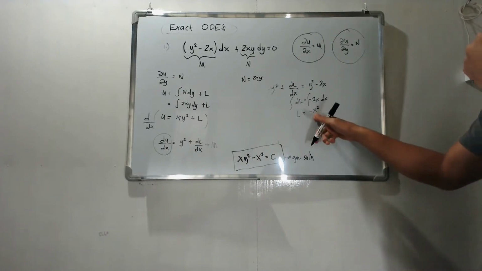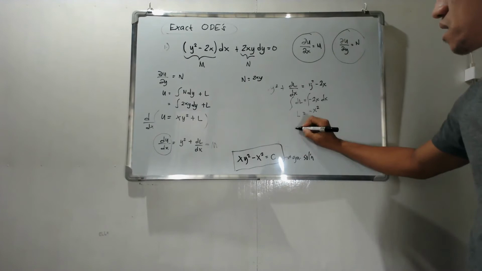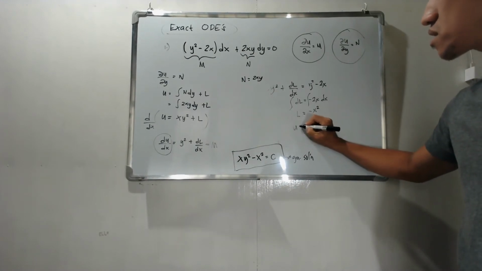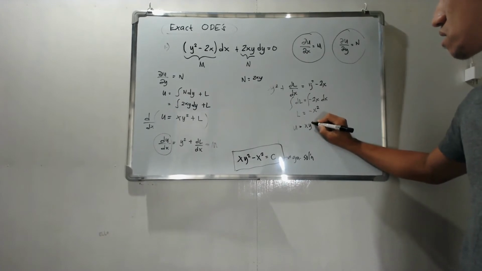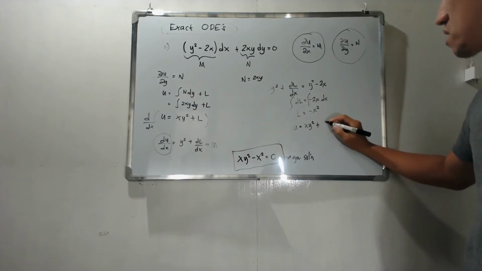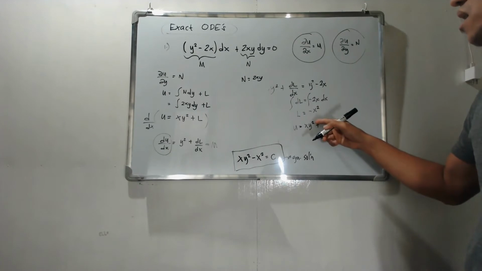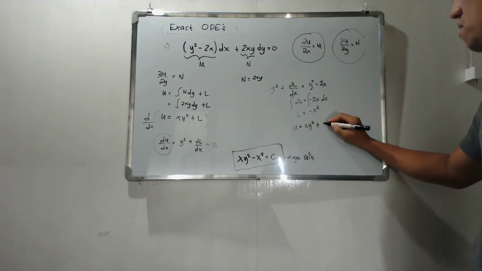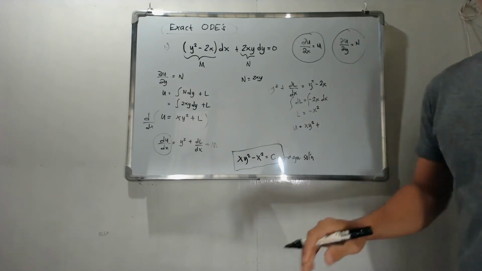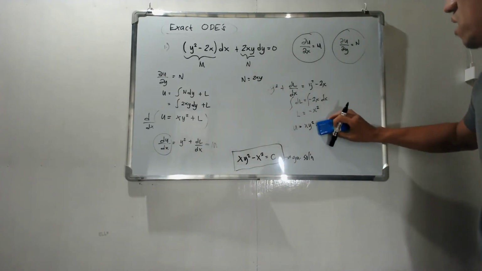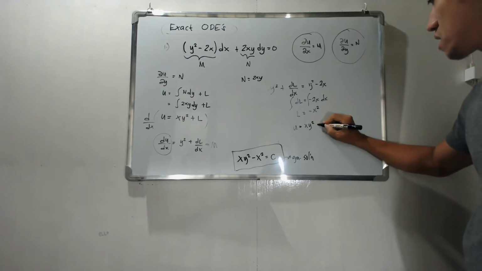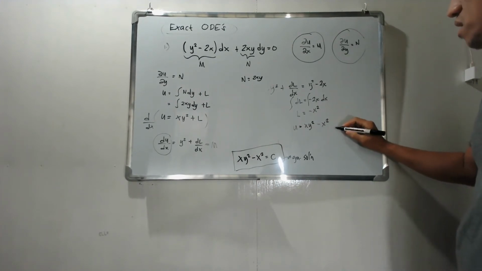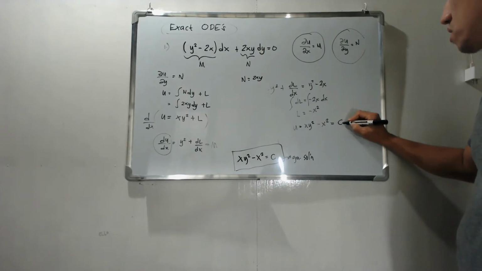Okay, and then substitute this one back. Therefore, your u is equal to x y squared plus L, which is negative x squared, equal to c.